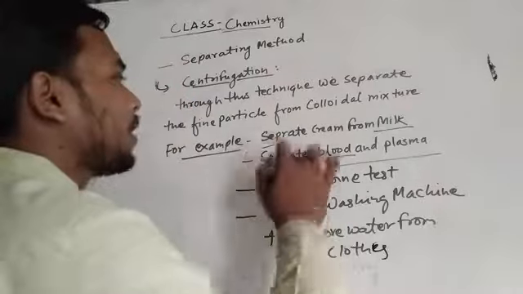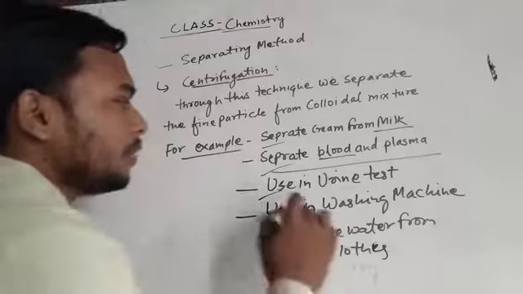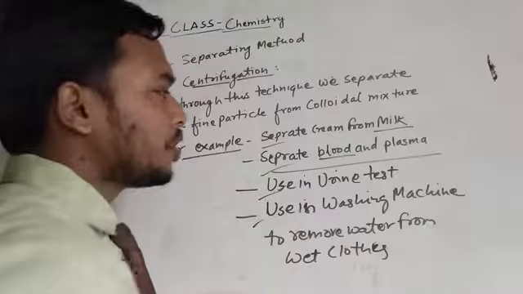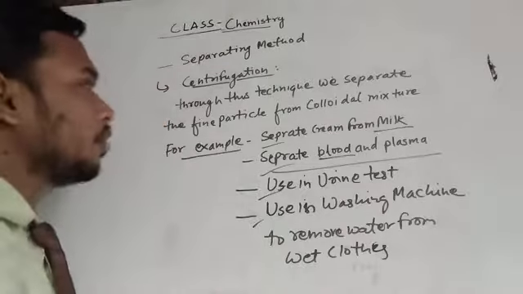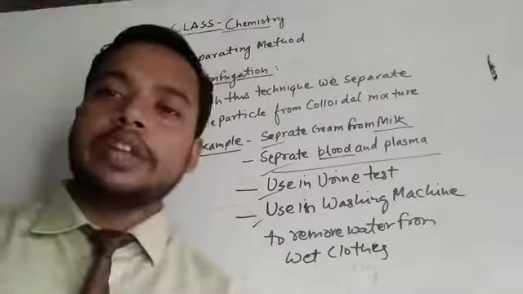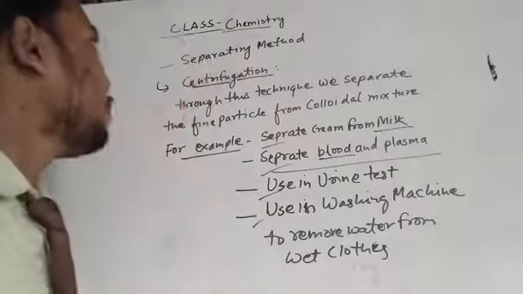So we separate cream from milk, separate blood from plasma, use it in urine tests, and use a washing machine to remove water from wet cloths. So this is how the centrifugation process is used in our daily life.